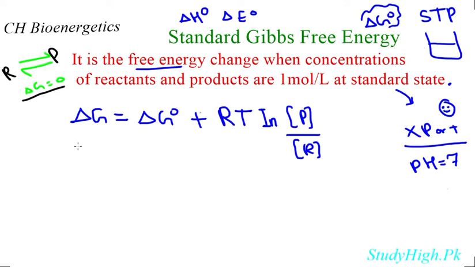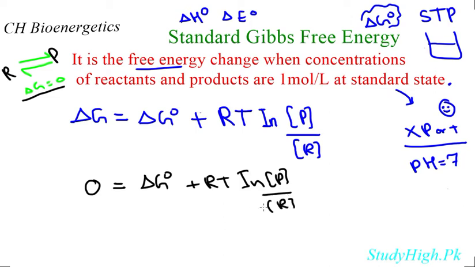So on the left-hand side, delta G is 0, which equals delta G naught plus RT times the natural logarithm of products over reactants. Delta G is 0 because the reaction is at chemical equilibrium, and the concentrations of products and reactants will be constant, not changing, but not equal to each other.